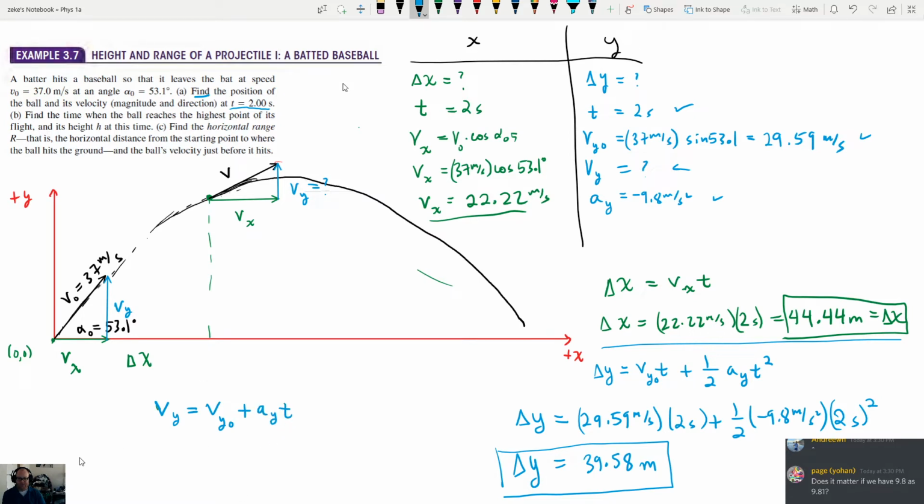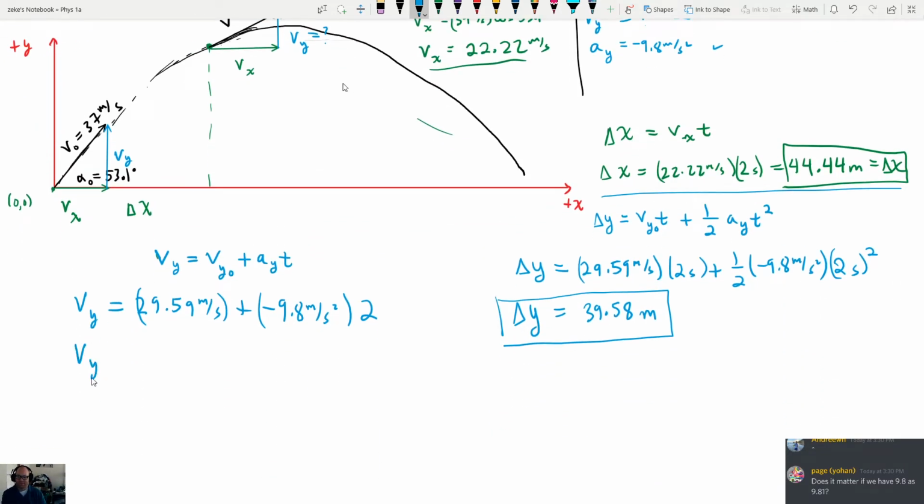Plug in all of our information. We're going to get Vy is going to be equal to Vy initial, which was positive 29.59, plus the acceleration in the y direction, negative 9.8, times 2.